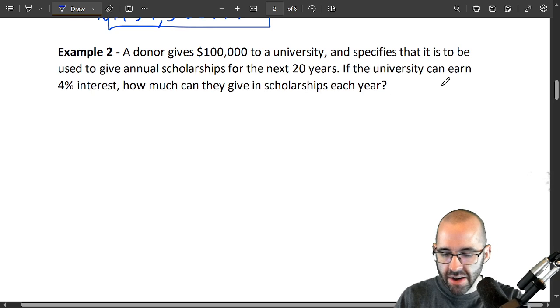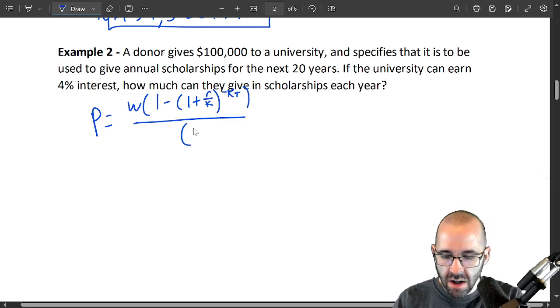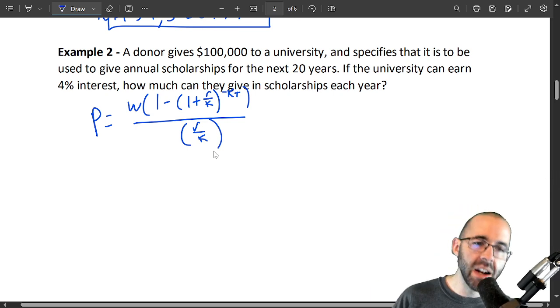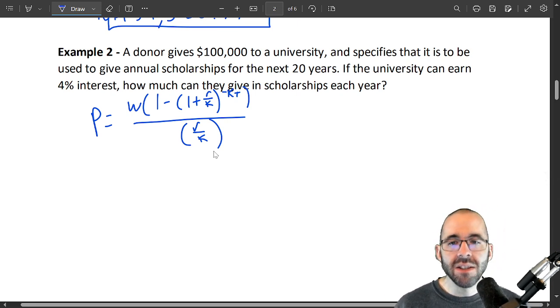Let's copy that formula down again. P is W times 1 minus 1 plus R over K, to the negative KT, all over R over K. Again, anytime you're using a messy formula, whether it's a quadratic formula, annuities formula, compound interest, loans, whatever messy formula you can think of, it's a lot easier to plug it in if you copy the formula down right here.